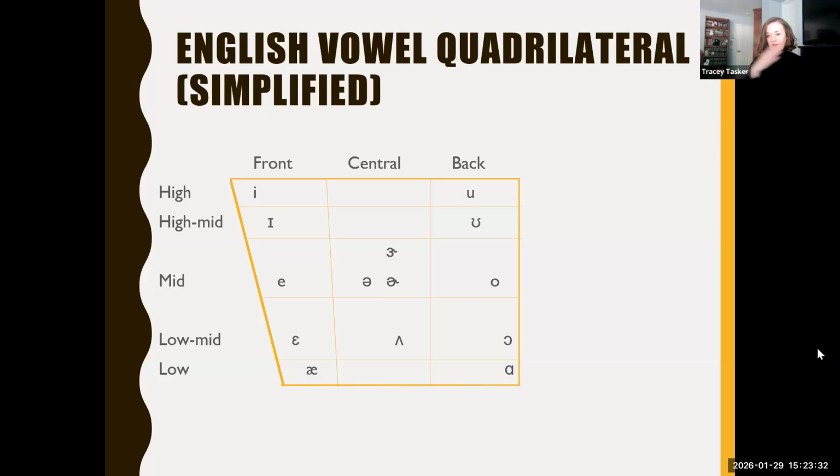So on this vowel quadrilateral, front, central, and back is our x-axis. And then our y-axis in this chart is the height of our tongue. So whether it's higher in our mouth, like with the E, or whether it's low, as in ah, okay? So we're going to go through that a little bit more as we go through the different vowels, but just so you have an image right now.